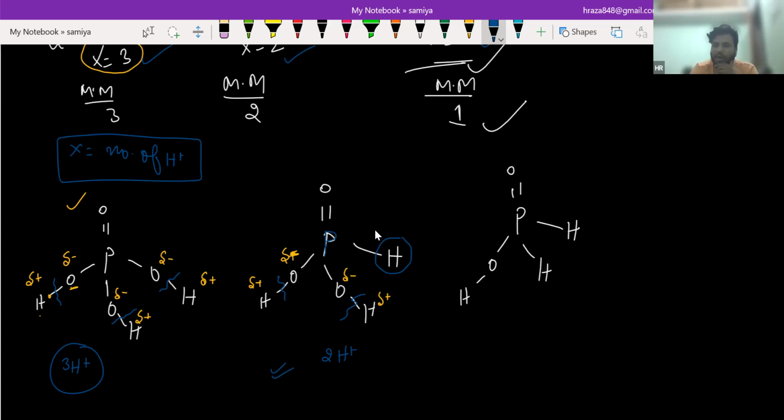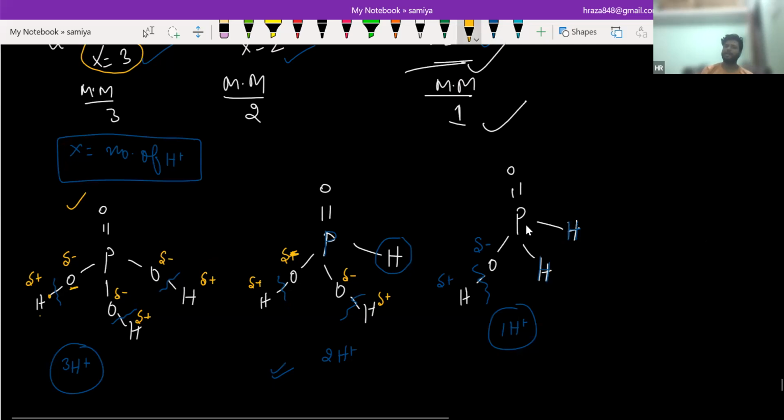That's why it is not much polar, not breakable, and not dissociated into ions. In the same way, H3PO2 will give only one H plus, whereas the other two H will not be dissociated because these bonds are not that polar.